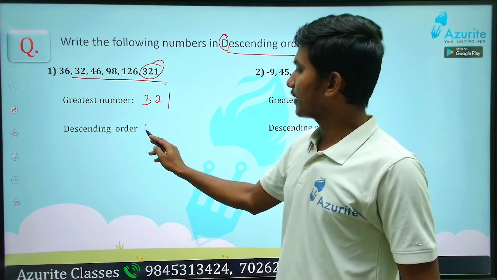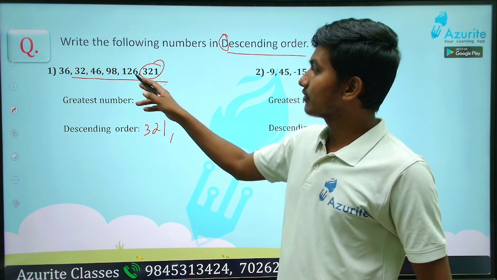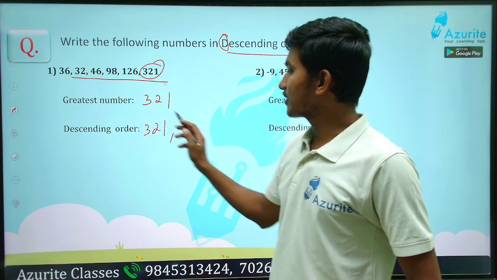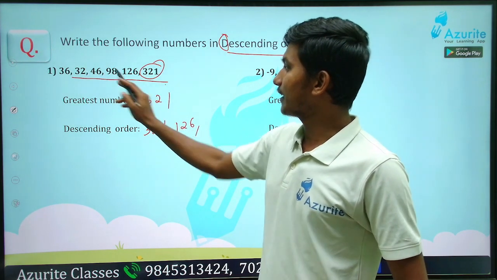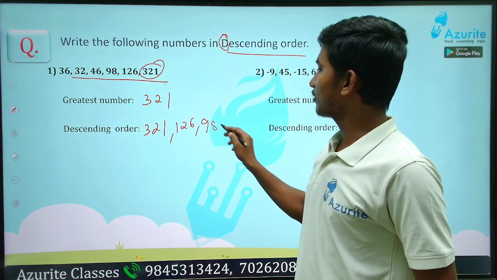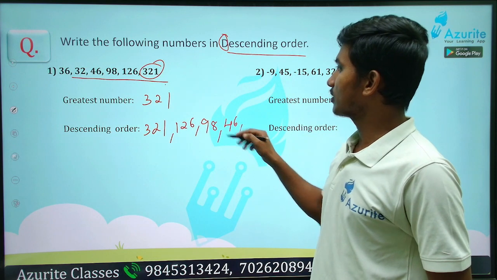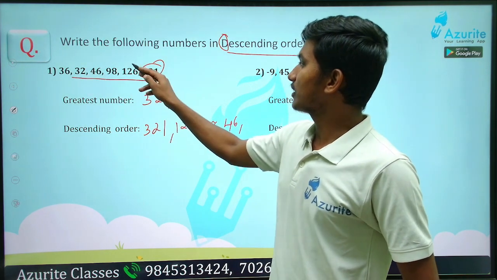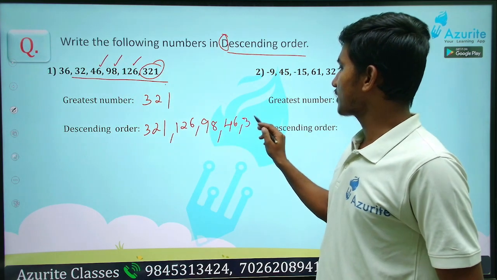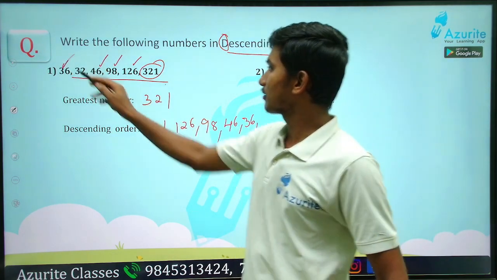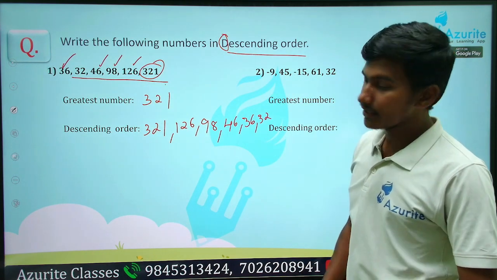After that, 126 is the next bigger, and then 98, then 46, and then 36, and after that 32. So that will be the order. Got it? Very good.